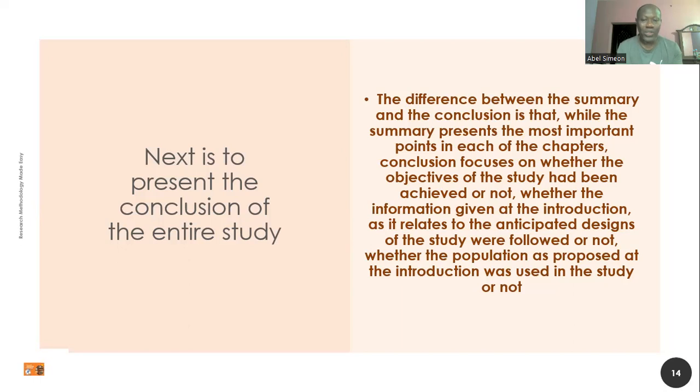The objective of the study tells you why you are carrying out the study. In your conclusion, you must tell the reader that yes, I achieved the objectives, or no, I didn't achieve them. The conclusion must capture that. That's the difference between summary and conclusion.